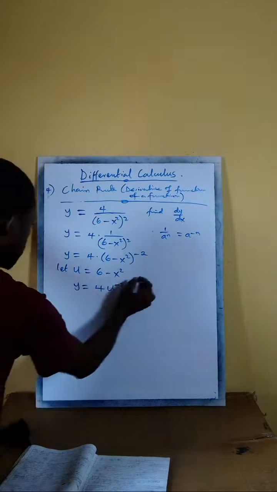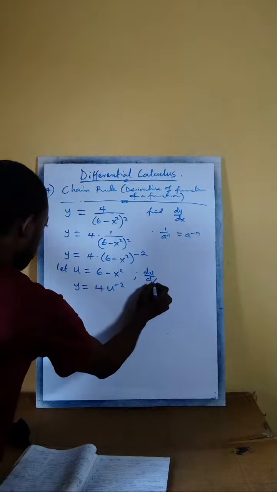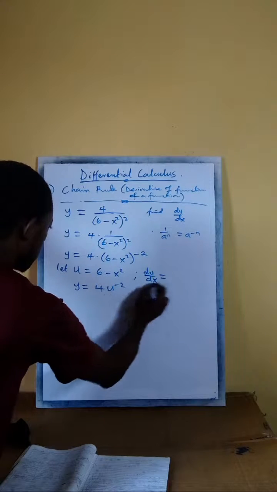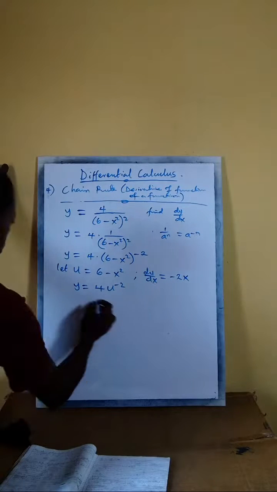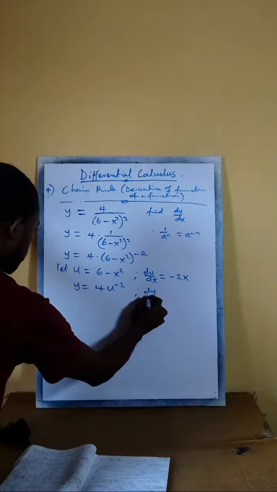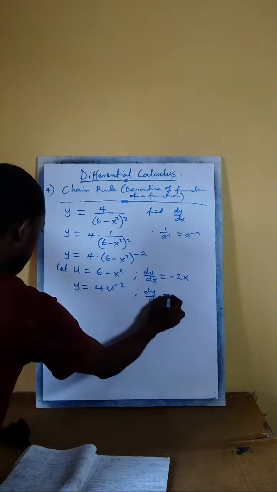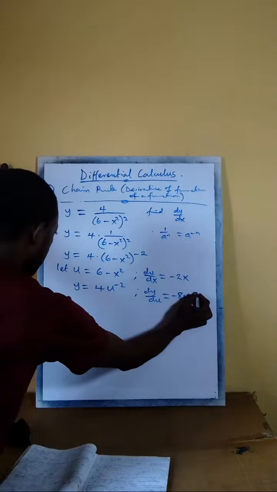Then differentiate u with respect to x: we have du/dx equals minus 2x. Then also differentiate y with respect to u. Then dy/du will give us minus 8 u raised to power minus 3.